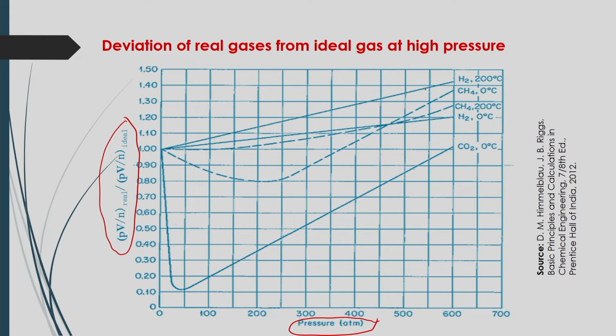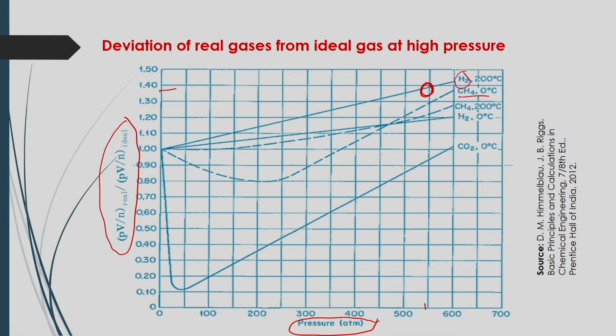Interestingly, suppose there is a point here, you will see that this point is almost 1.37. So at higher pressure, more than 500 atmospheres, the real gas behavior of this PV will be almost 1.37 times that of the ideal gas, at a particular temperature of around 200 degrees Celsius for hydrogen gas.